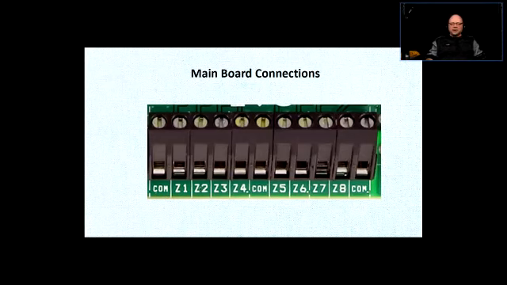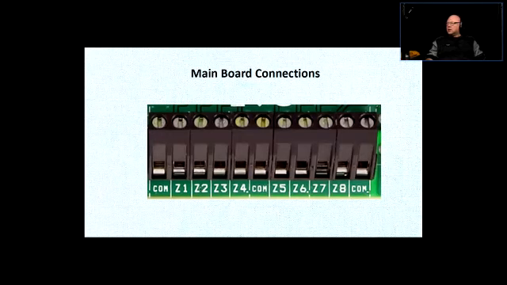If something happens, for example the door is opened, so the reed switch opens, then zone 1 would be open, and there would be a condition. If the security alarm is armed, it would probably be an alarm condition, or if the system is not armed, it would give you an indication on the panel that the door is open.